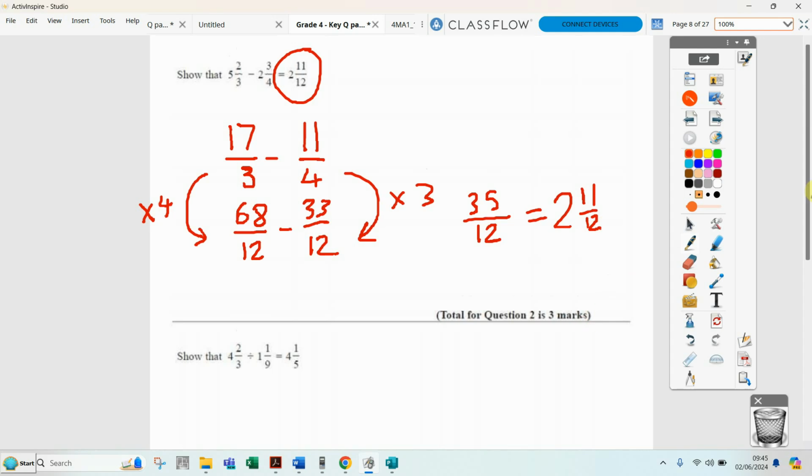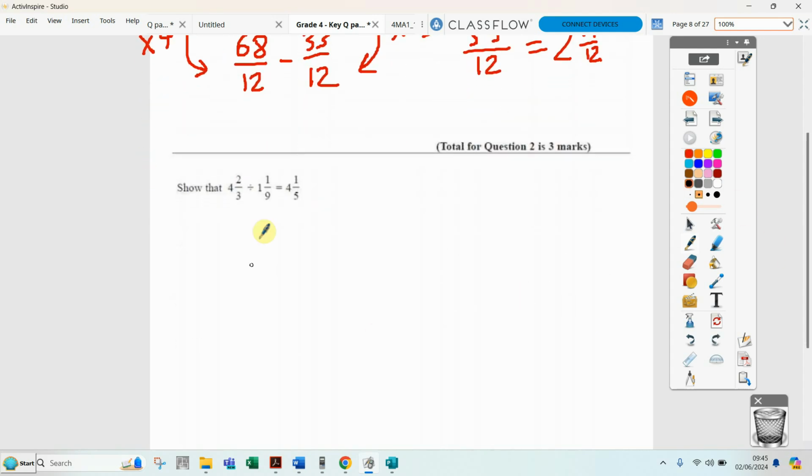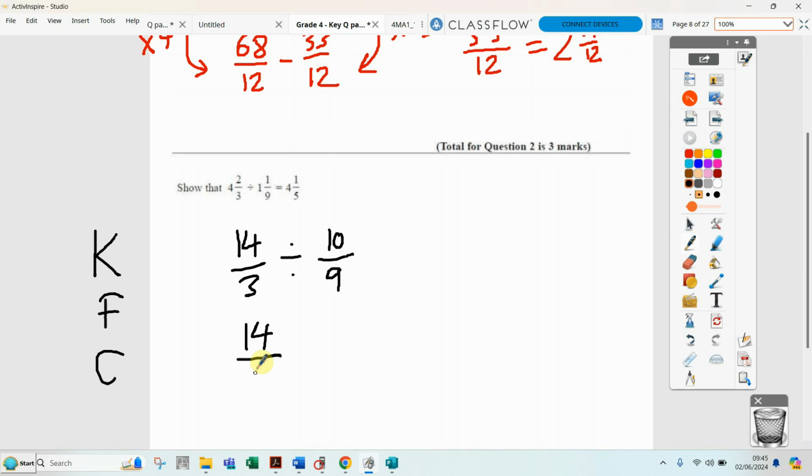Okay. If you get a KFC method, that's divide. Divide is KFC. Okay, again, make them top heavy. So 3 times 4, add 2 is 14. 9 times 1, add 1 is 10. And then KFC, keep the first one the same. Flip the second one, change it to a times.